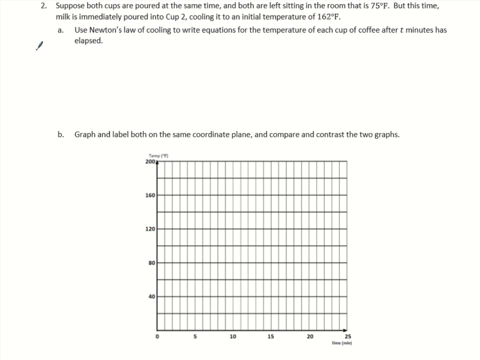So for our blue cup, temperature with regards to time is equal to 75 plus 180 minus 75, multiplied by 2.718, and that is raised to the negative 0.2337 T.